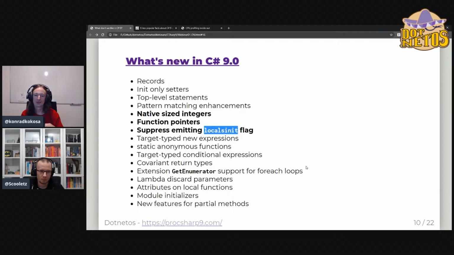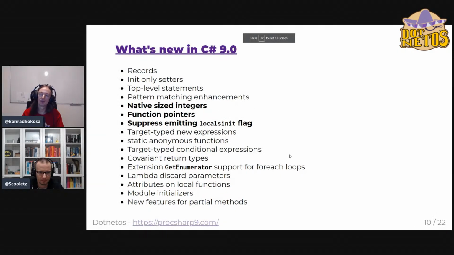So you don't need to think about it per method level, but you can attribute the whole module with this flag, and then every method will use it, and the JIT will interpret it properly. That's a nice feature. That's not the case with function pointers. Sorry, you need to use them and understand them to make use of the performance benefits they give you.